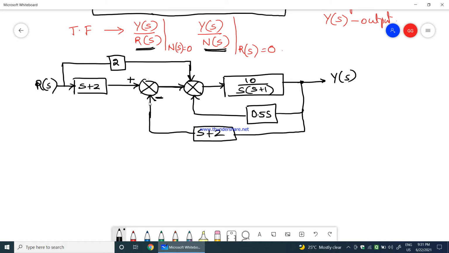It is one and the same. This also, instead of giving here, you give it here. So S plus 2, I have a summing point here, and then I'll have another summing point here. Here I'll give 2 to this point now.